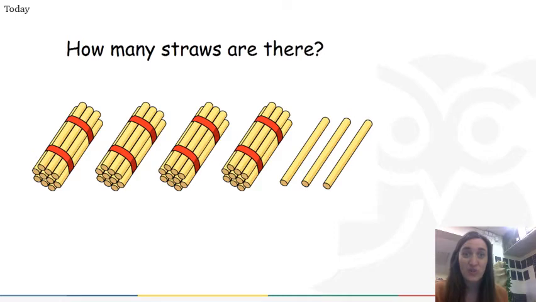How many straws are there? We know that a bundle is 10. How many bundles of 10 are there? 1 bundle, 2, 3, 4.